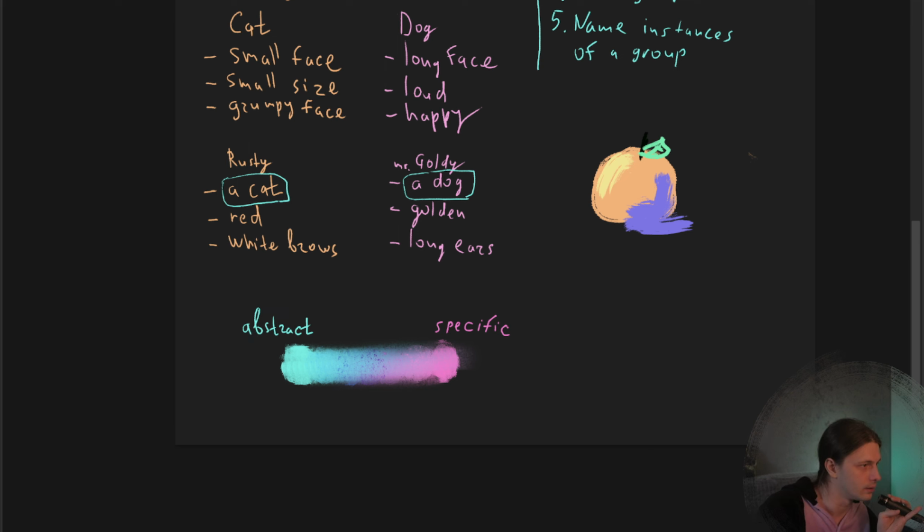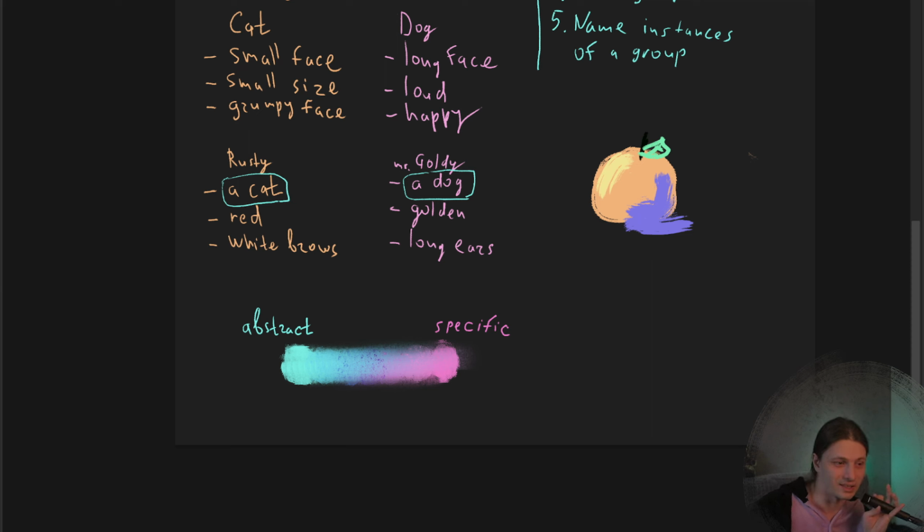And usually we need to find the correct level of abstraction for our particular context and our particular case. Sometimes we want to talk about some broad and general concept and reason about it, and we don't care about specific details.